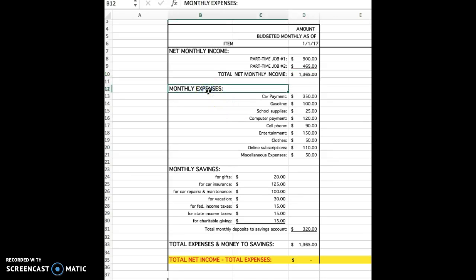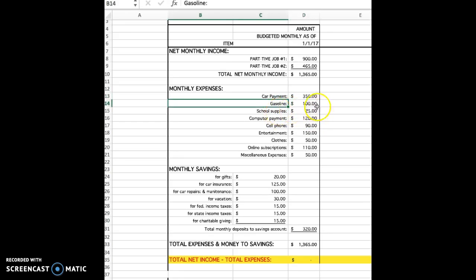You see the total here under the heading monthly expenses, and you see a number of things that are listed as expenses. This particular person must own a car, so he or she has a car payment every month. These are monthly expenses. So the car payment expense for the month is $350.